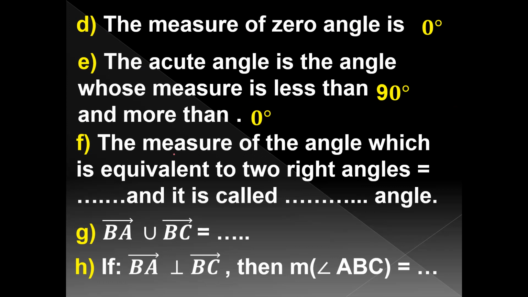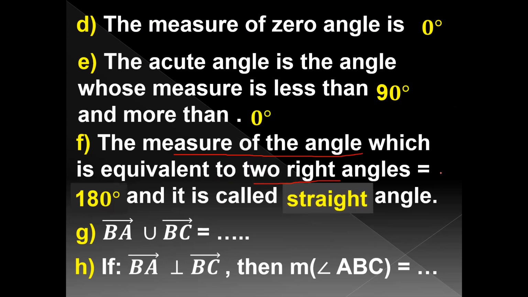The right angle is 90, so two right angles will be 90 plus 90, which is 180. So the measure of the angle which equals two right angles is 180, and it's called a straight angle.